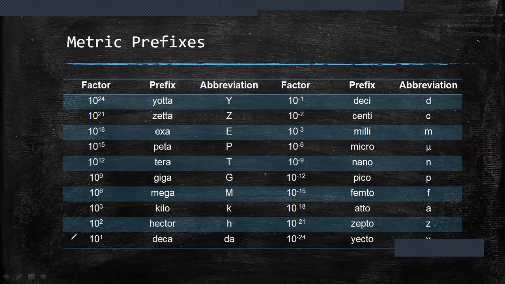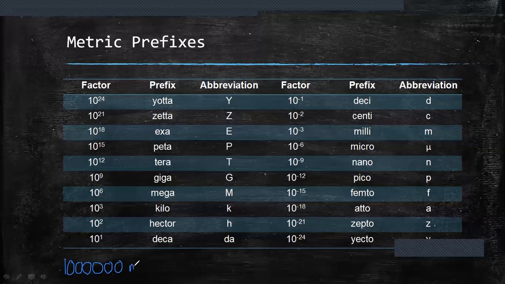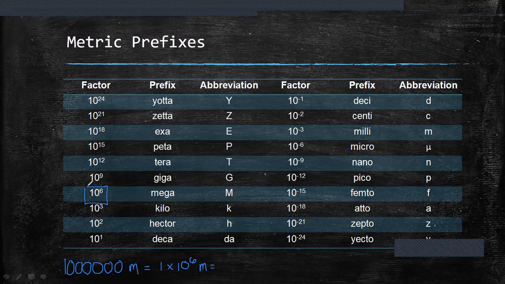For example, let's say we have 1 million meter, which is equivalent to 1 times 10 raised to 6 meter, which is also equal to, based on the table, times 10 raised to 6 is mega.